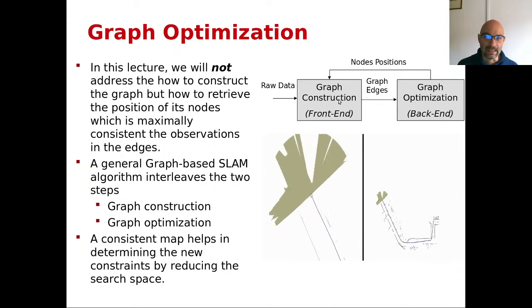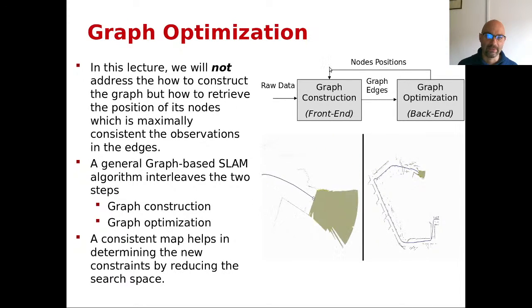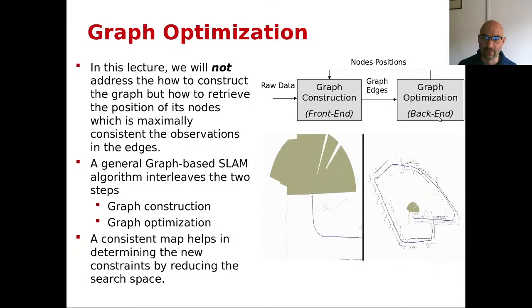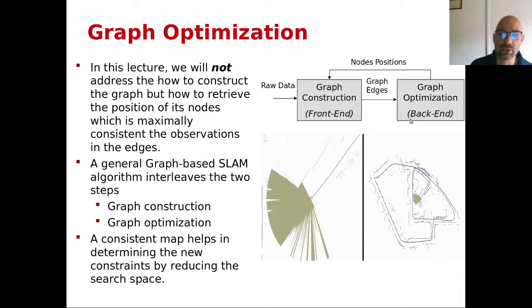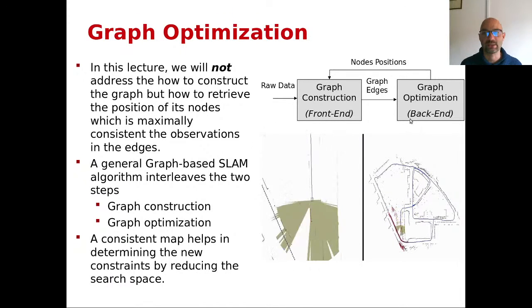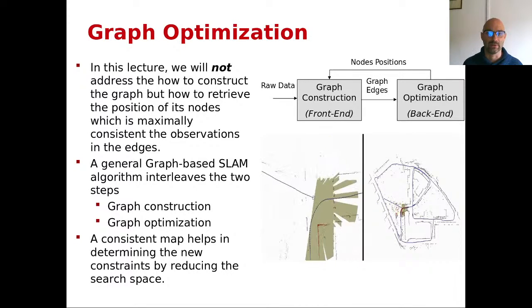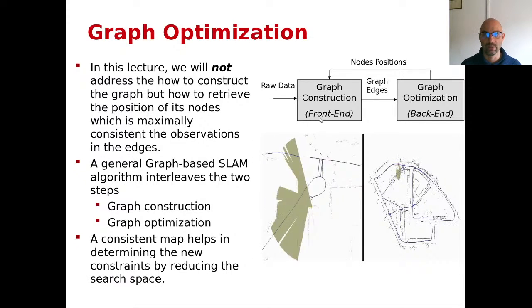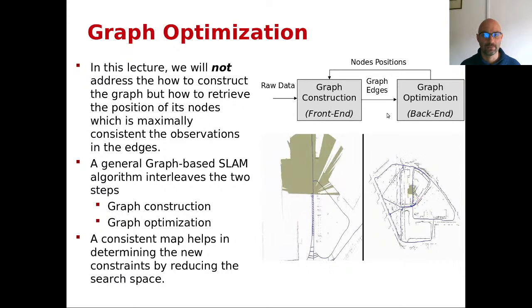But clearly the front end takes as input, and its life is much easier, if not only the raw data, but also the previous configuration of the map, which is coming from a backend, which is this module, which will be a Gauss-Newton algorithm or a variant, that will be in charge of iteratively and constantly updating this graph based on the new constraints and finding a minimum energy configuration. Having a reasonable estimate of the map will allow lowering the work that the front end has to do.